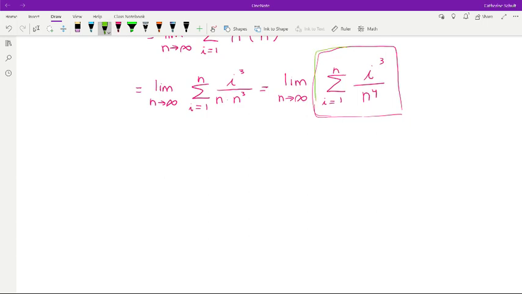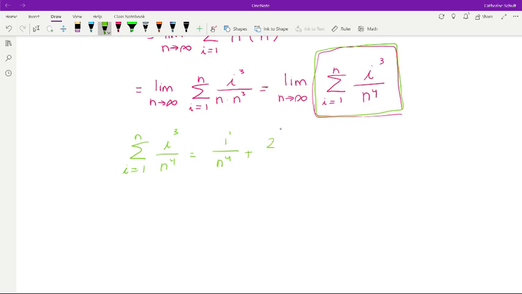So let me use a different color. If we were to expand this, so this is our thought bubble, i starts at 1, so it's going to be 1 cubed over n to the 4th. That's what summation notation means. I'm just expanding it.